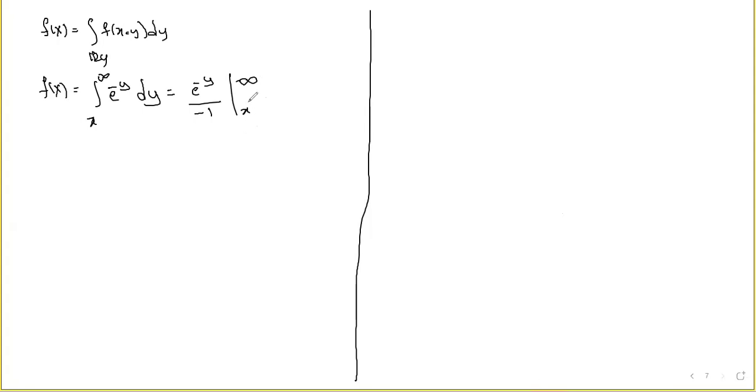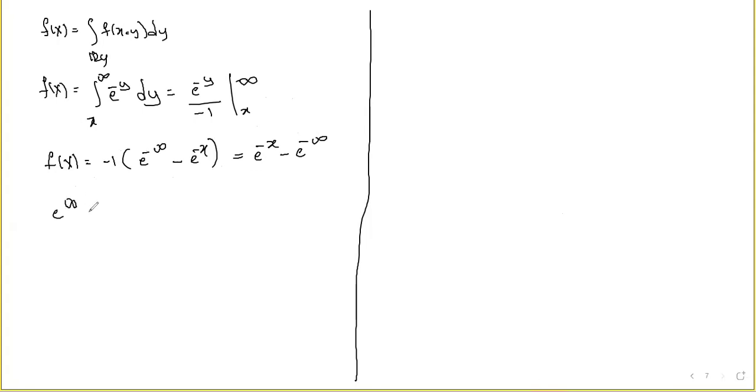So now, okay, the limits: f of x equal to minus 1 outside, e power minus infinity minus e power minus x. When you multiply the minus inside, it will be e power minus x minus e power minus infinity.